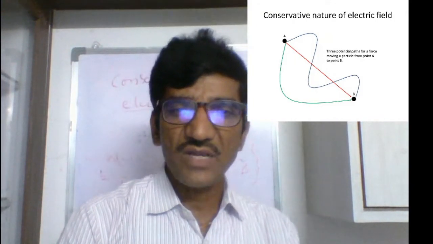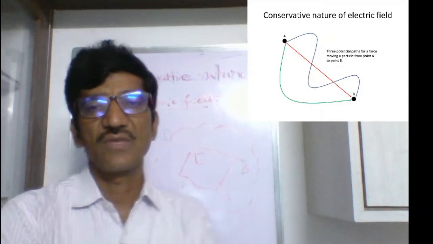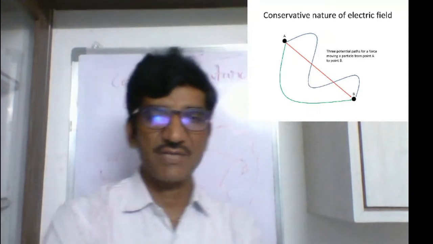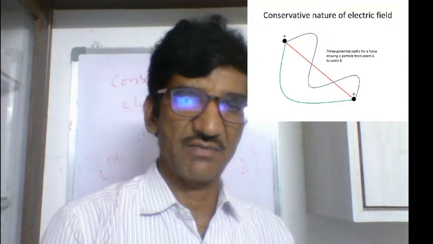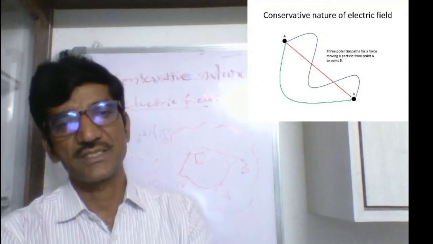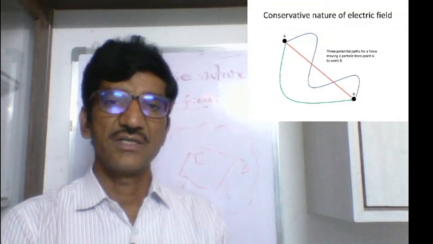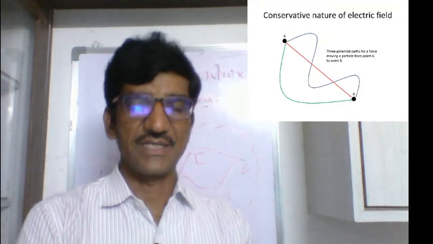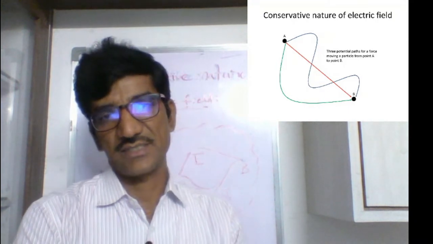But so far, we just discussed the qualitative nature of the conservative nature of the electric field. How to write a statement in mathematical form for a conservative field? I would write one mathematical equation to describe the conservative nature of the electric field. How to express that?